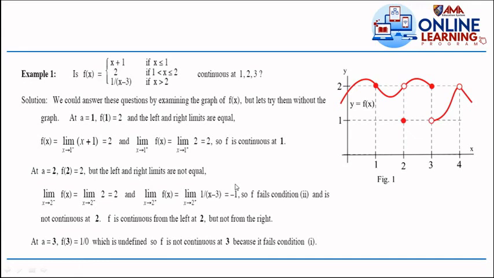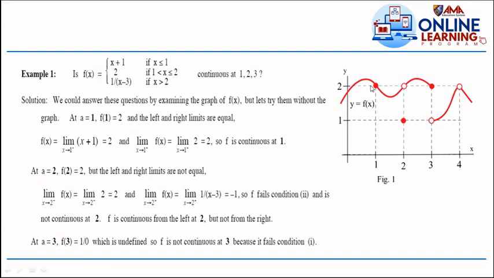At a equal to 2, f(2) is equal to 2, but the left and the right limits are not equal. The limit of f(x) as x approaches 2 from the left is equal to the limit of 2 as x approaches 2, which is equal to 2.